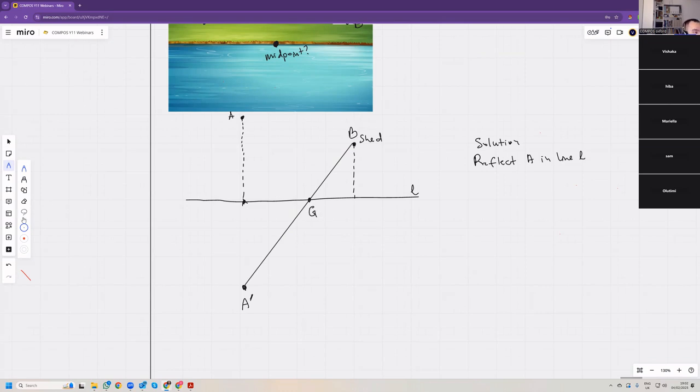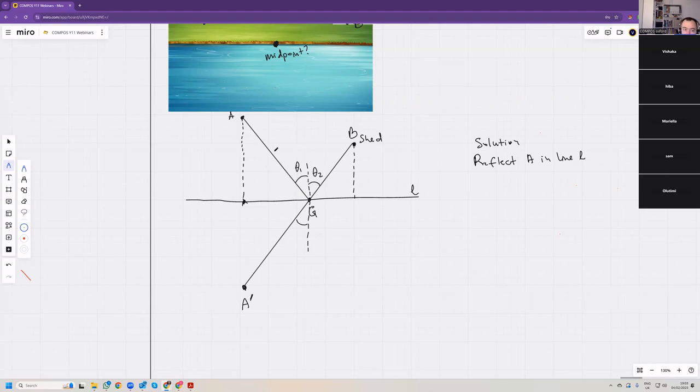This is B. And of course, if you were to draw a normal line here, because this angle is equal to this angle, that means theta 1 equals theta 2.